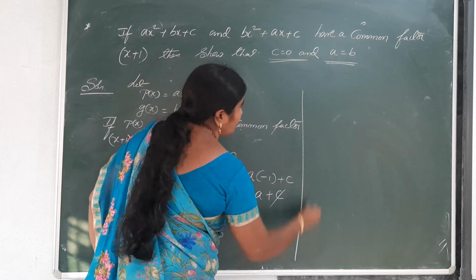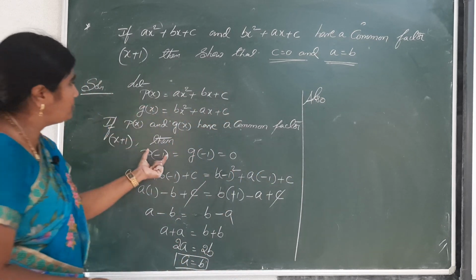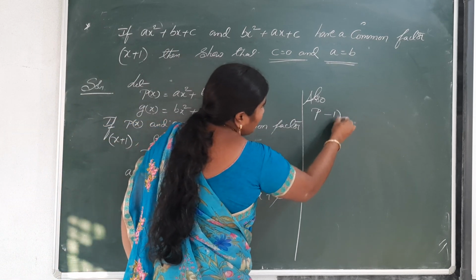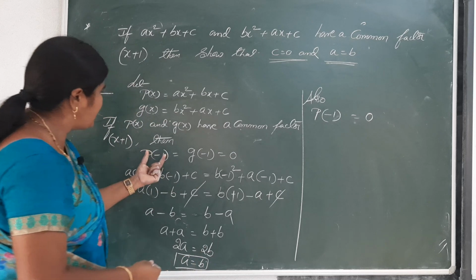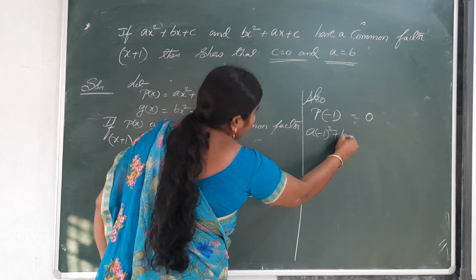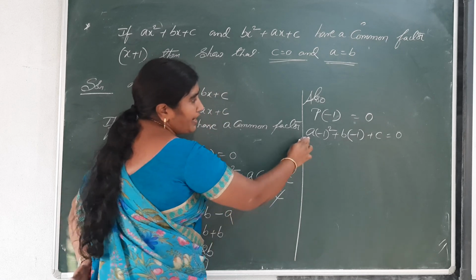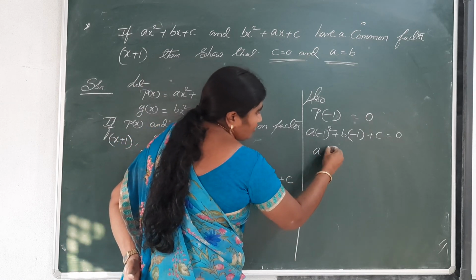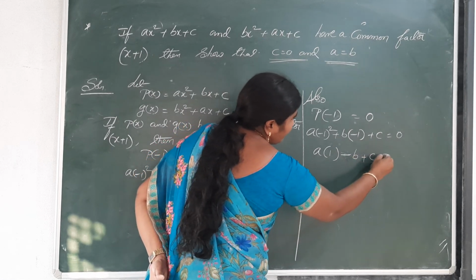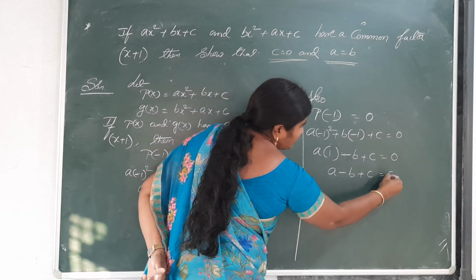Also, p of minus 1 equal to 0, since x plus 1 is a factor of p of x. The value of p of minus 1: a into minus 1 whole square plus b into minus 1 plus c equal to 0. a into minus 1 whole square is 1, plus b into minus 1 is minus b, plus c equal to 0. a minus b plus c equal to 0.